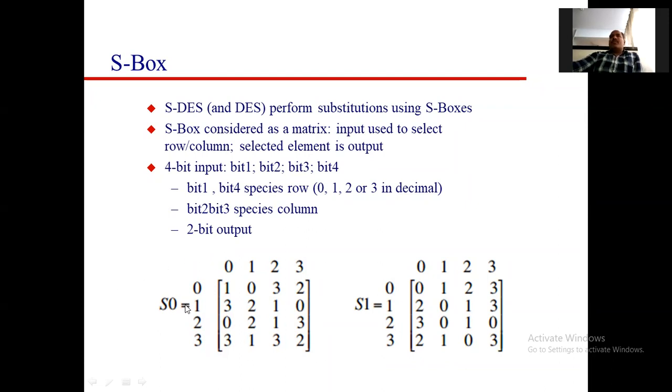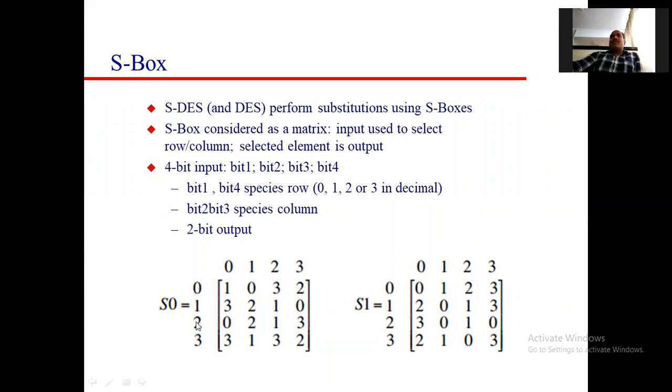Suppose that this is S0. In S0 we have these rows and these columns. The columns are 0, 1, 2, 3, and the rows are 0, 1, 2, 3.